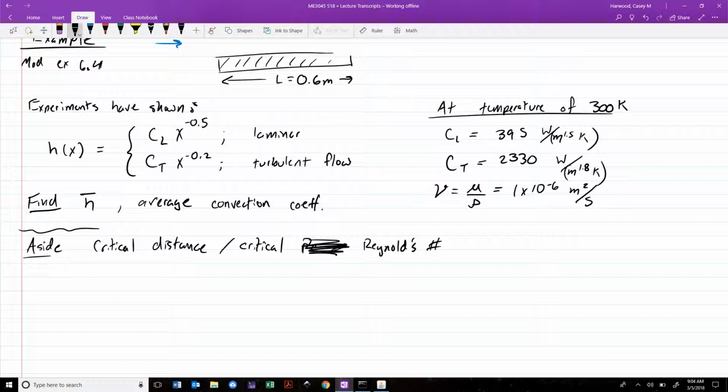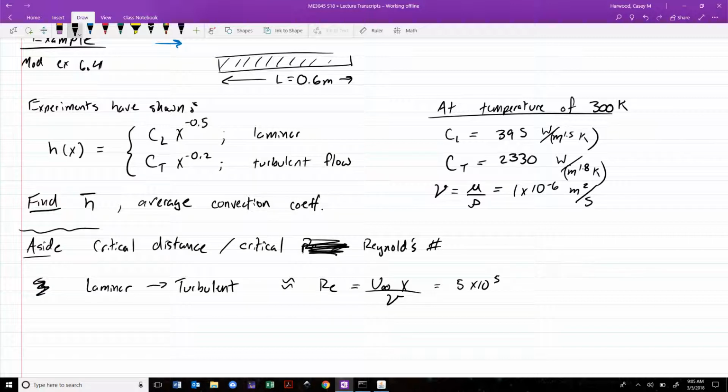And so, in general, we'd say that the transition between laminar to turbulent flow occurs approximately such that the Reynolds number, U infinity times x over nu, is around 5 times 10 to the 5th.